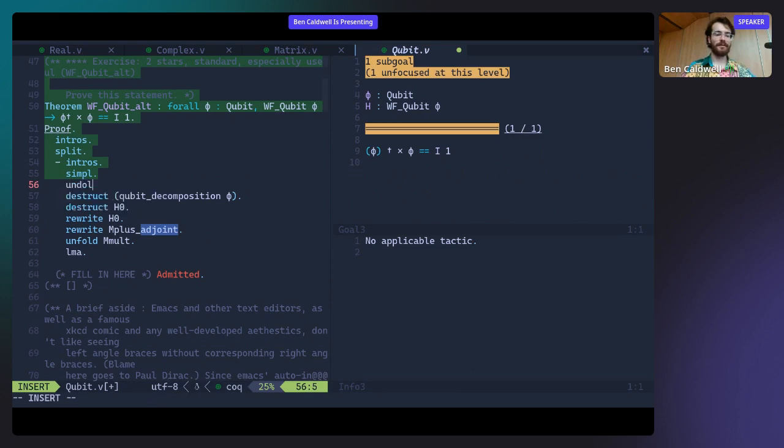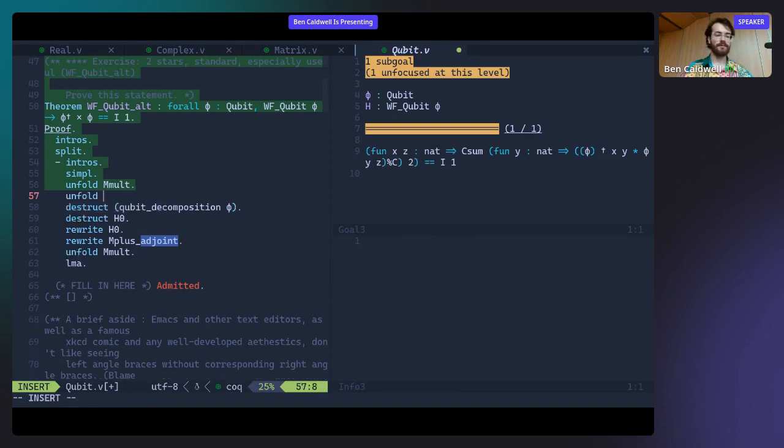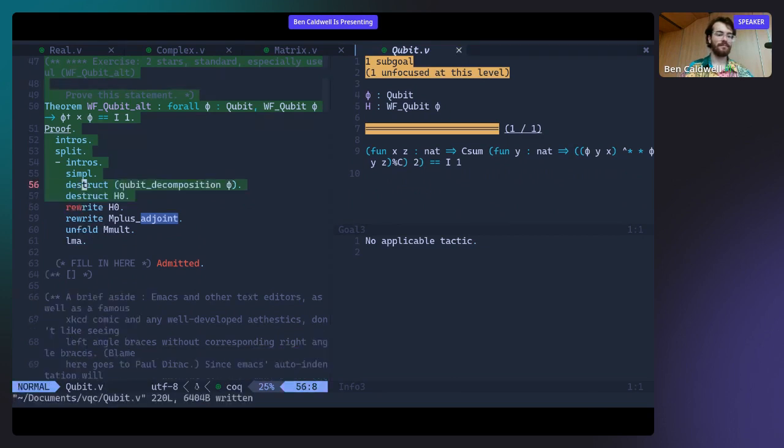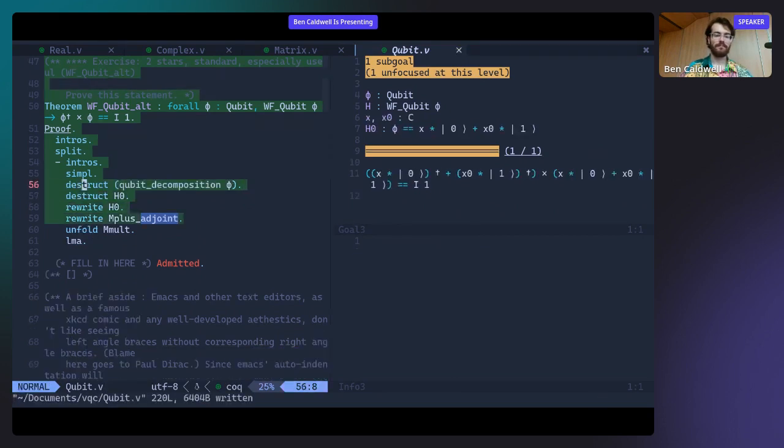So maybe we'll just try doing these unfolds, and then LMA. You still need to always substitute the qubit, right? And then you have to use W to actually scratch.